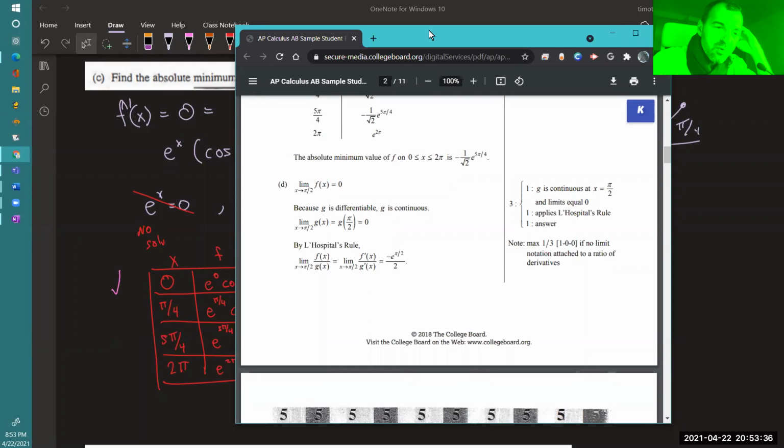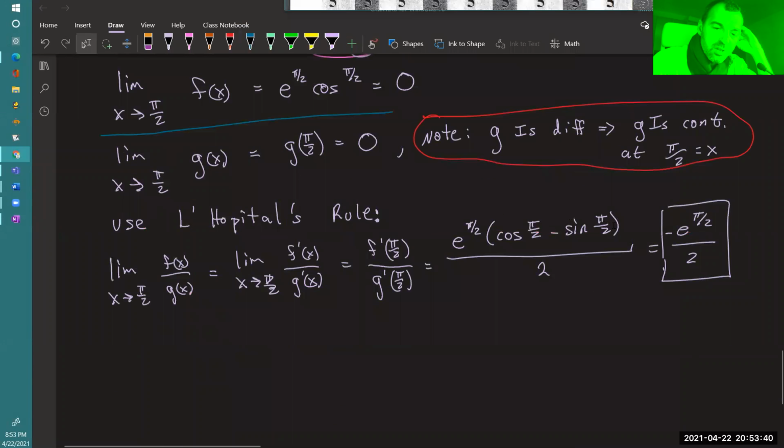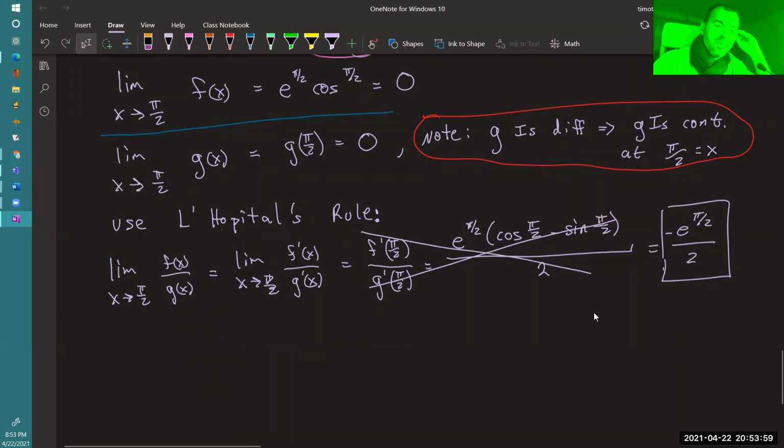I even went a little overboard and I wrote down the entire derivative here, but you can actually just go for the answer. So this is L'Hopital's rule. You want to write this, you want to write that, and then you want to write the answer. Like these two things right in here are not entirely necessary, but you can write them.